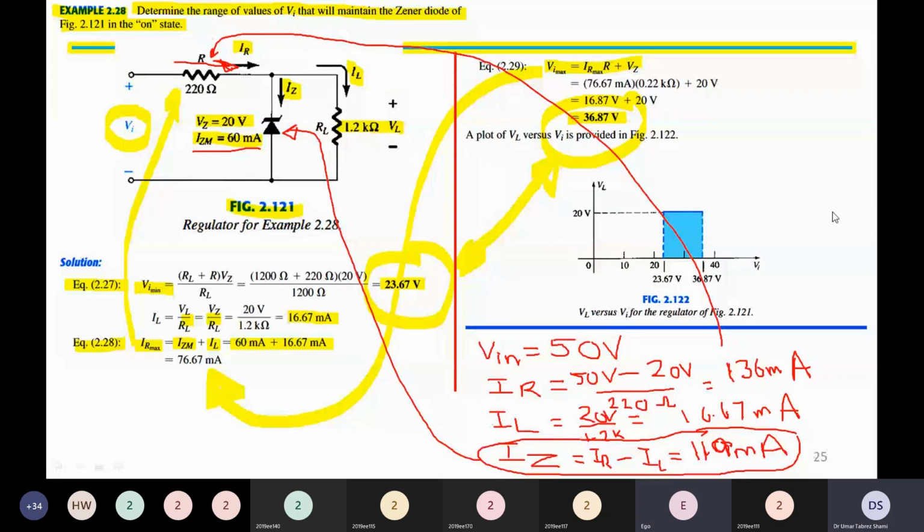Which specific value are you referring to? 60 milliamperes. It is not that however much we increase the voltage, the current will only remain 60 milliampere. It can increase beyond 60 milliamperes.